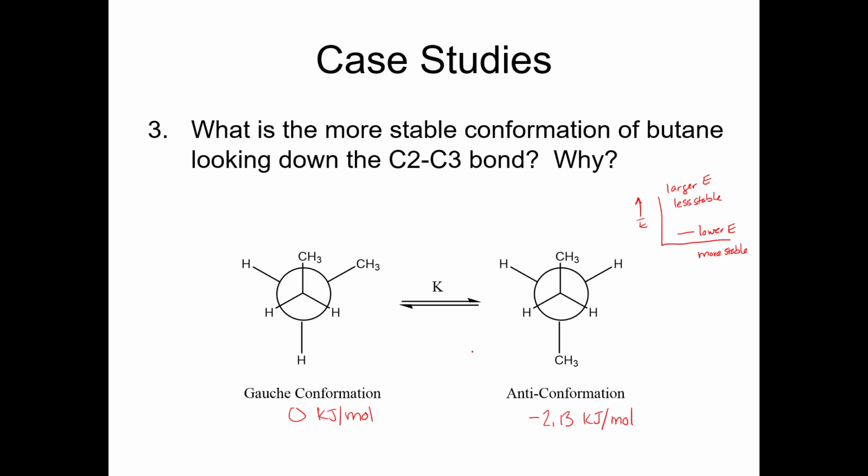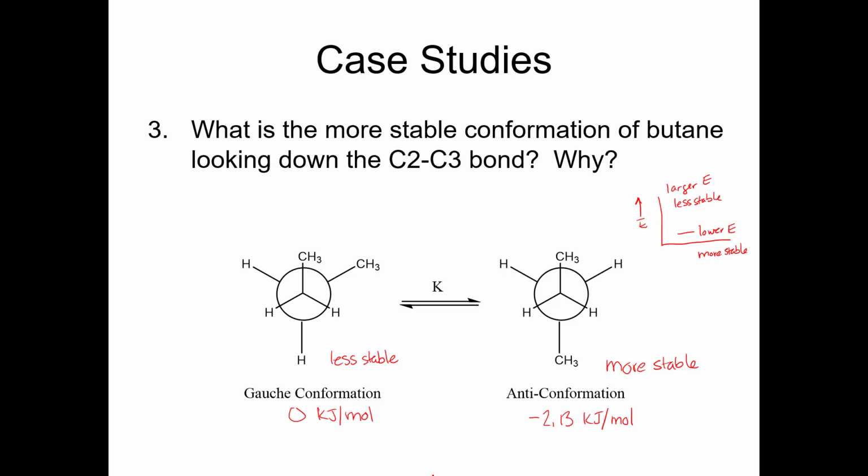So in this case, minus 2 is smaller than 0, and so the anti-conformation is indeed the more stable conformation in this equilibrium, and the larger number, which in this case is 0, is the less stable conformation. So I have my less stable conformation and my more stable conformation. Just like you learned in lecture, we haven't destroyed anything you've learned in lecture, the anti is more stable than the gauche. But now I can say by 2.13 kilojoules per mole.